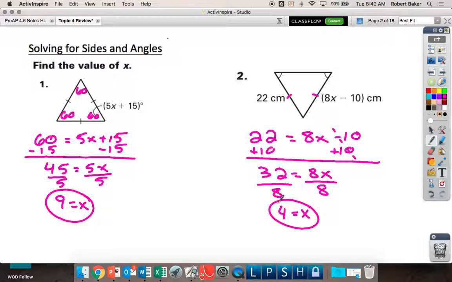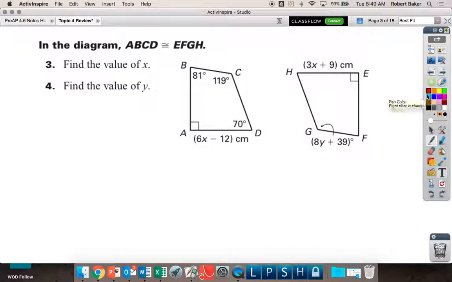Or on a multiple choice test, you can plug in numbers till you get the right answer. Okay, so the first two questions are specifically about isosceles and equilateral triangles. Let's see what the future holds.